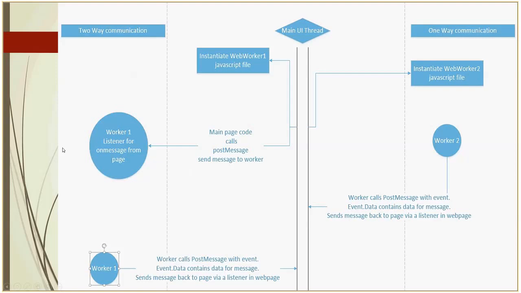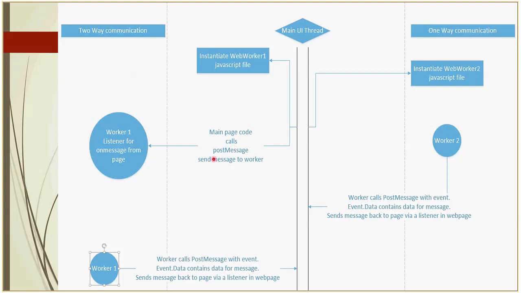Okay, so in this case, on the left hand side, focus on the left hand side. Let me get a pointer real quick. Focus on the left hand side. So we instantiate a web worker, which we named as web worker 1, and it loads a JavaScript file, like I said, which should be independent. And in the second part of it, the main page code calls post message, which is a JavaScript function to send a message to the worker.